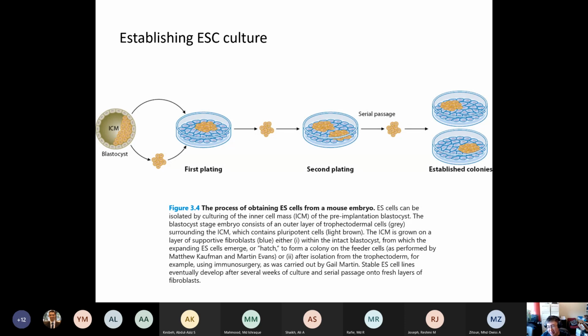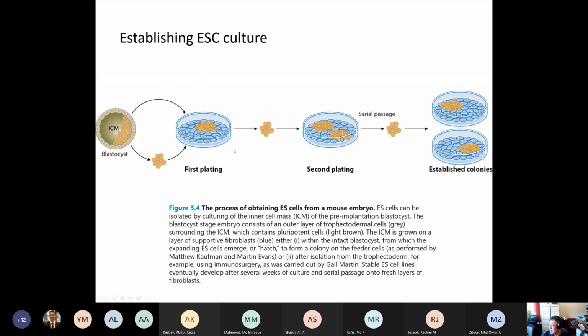You just put the blastocyst in culture. The other is you do a surgery. You do a kind of microsurgery. You pick those inner cell mass cells out and put those cells in culture without including the outside. So there are two ways to do it.